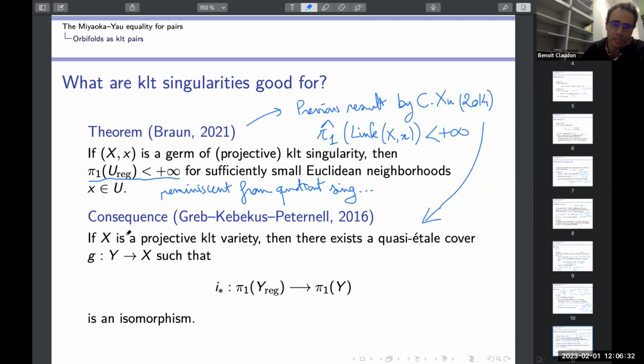So once you have a projective variety with only KLT singularities, then you can find a quasi-étale cover, so it means that there is no ramification in codimension 1.